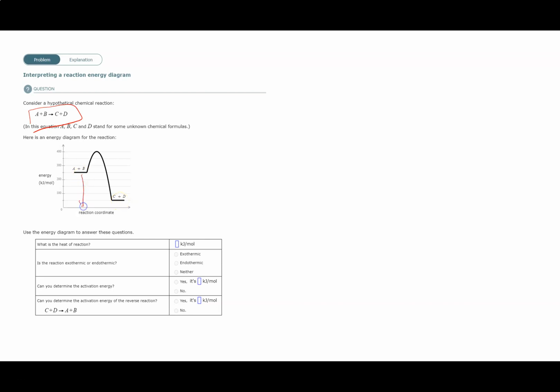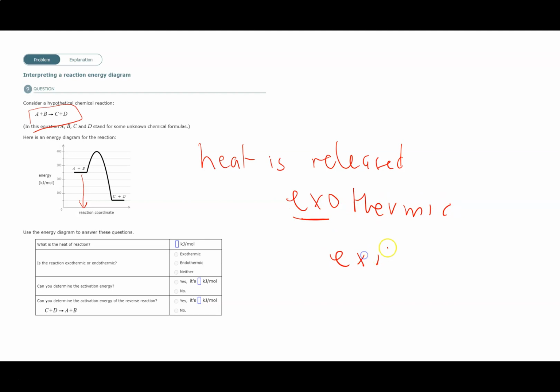In this case, the products are a lot lower in energy than the reactants, so heat is released, right? So this is exothermic. Exo means to leave, just like entrance means to enter, make an entrance.